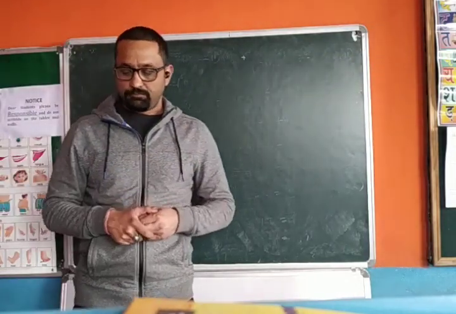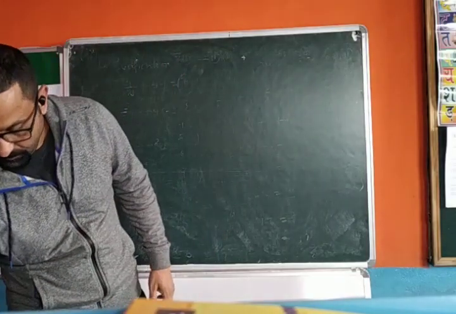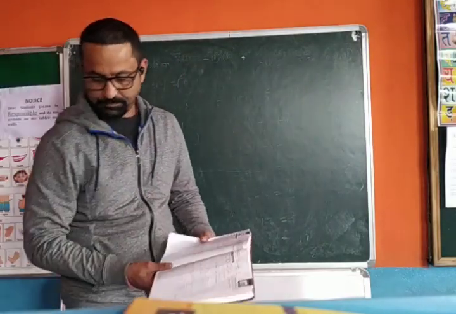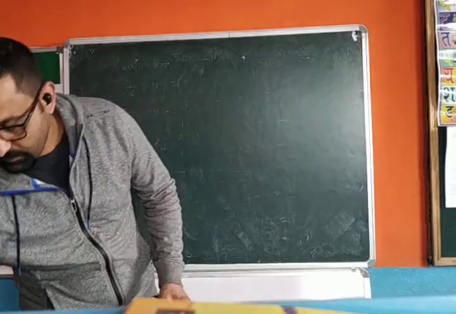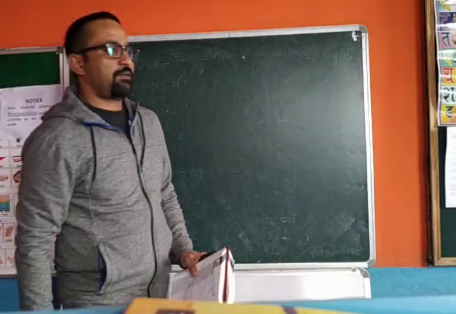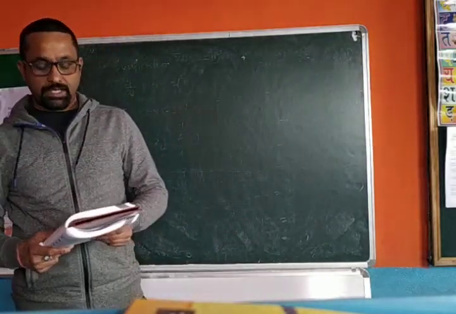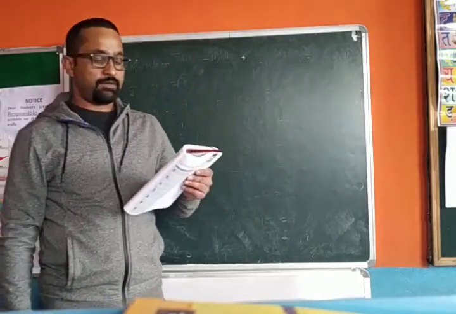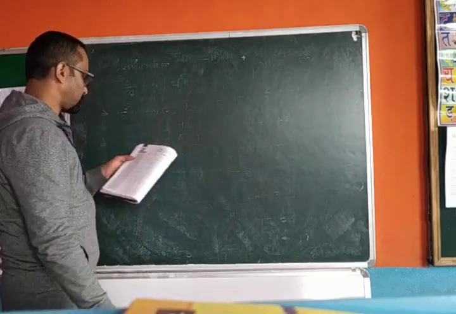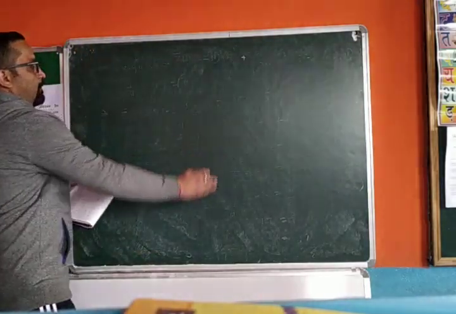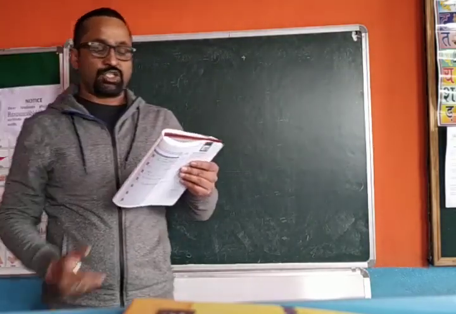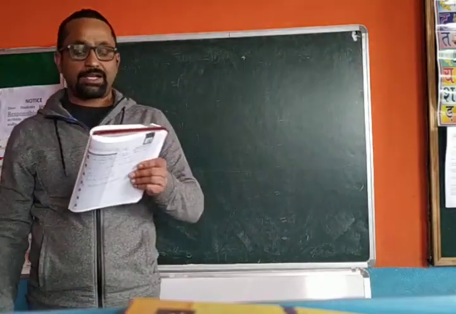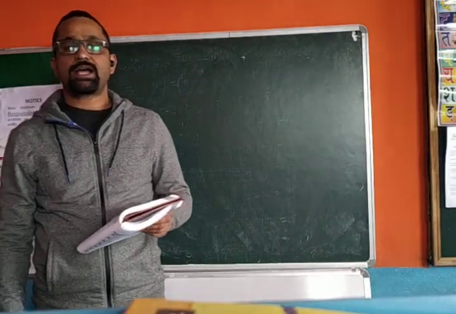Let's take the first one. It is exercise 15A and it is question number 3. The question says: change each of the following fractions to a decimal fraction.